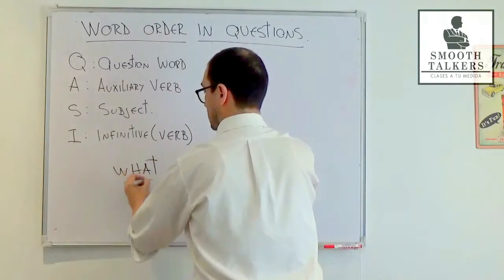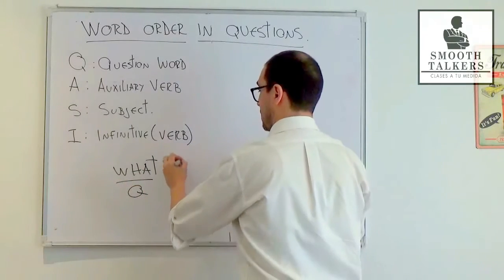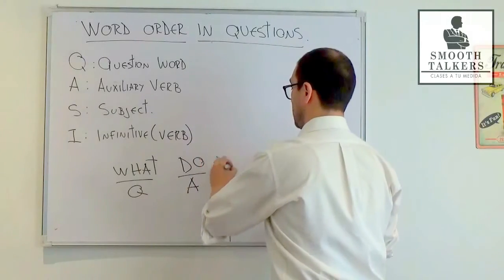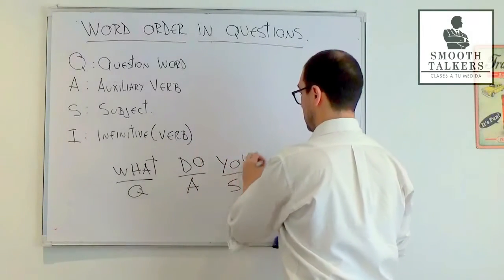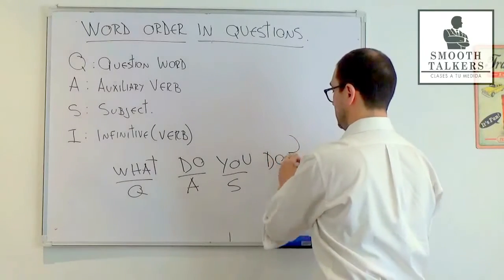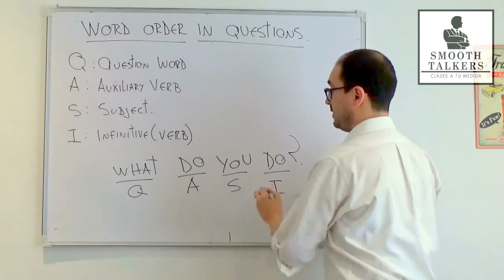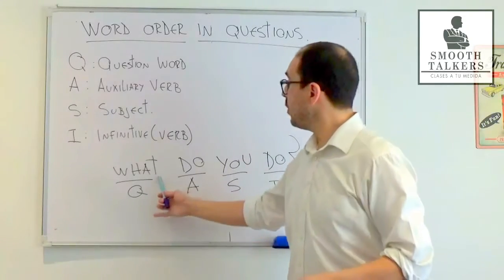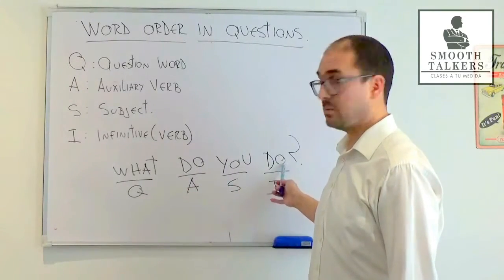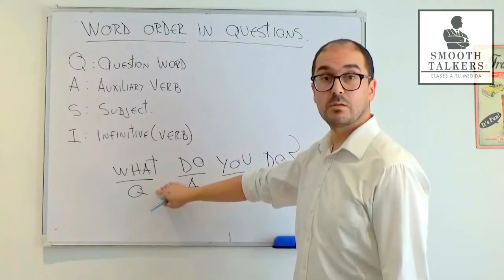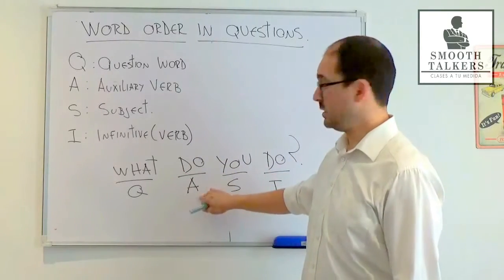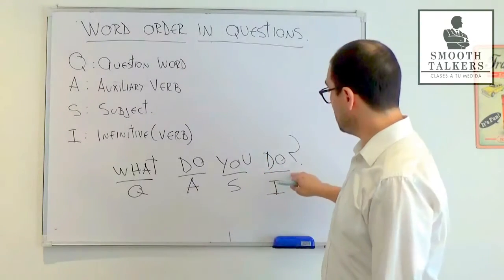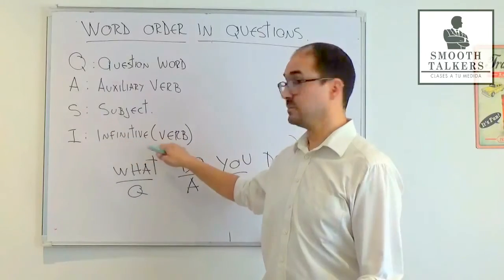What, question word, do, auxiliary verb, you, subject, do. And this is our infinitive, our main verb in the question. What do you do? Question word, what; do, auxiliary verb; you, subject, in this case a pronoun; do, infinitive.